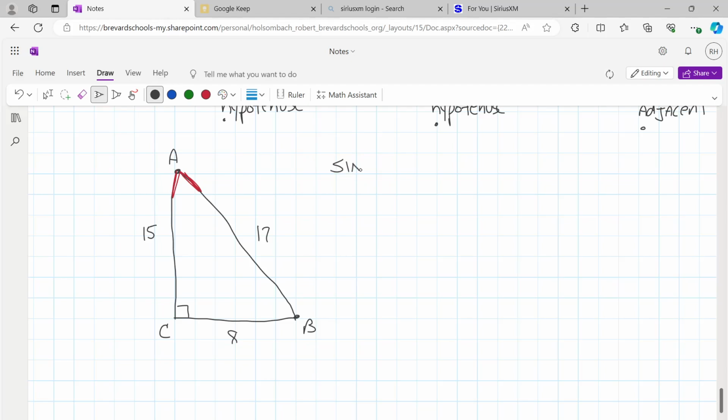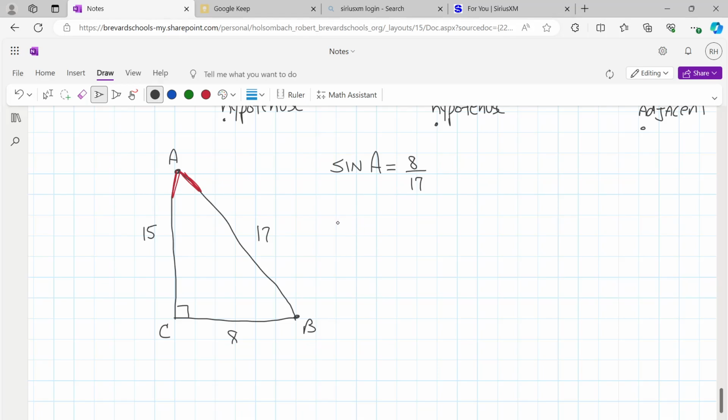Sine just becomes SIN now. Sine of A is equal to opposite over hypotenuse. So opposite of angle A is 8. The hypotenuse of this triangle is 17. So our sine of angle A equals 8 over 17.